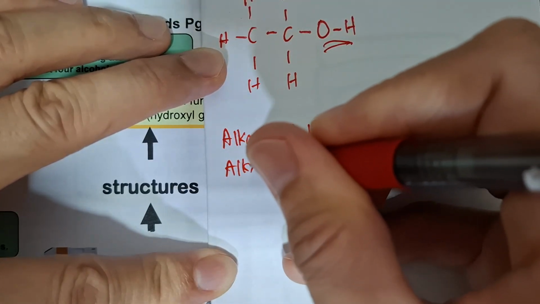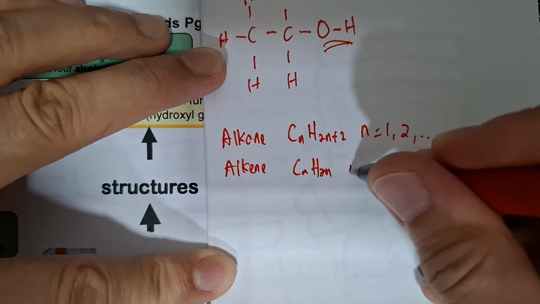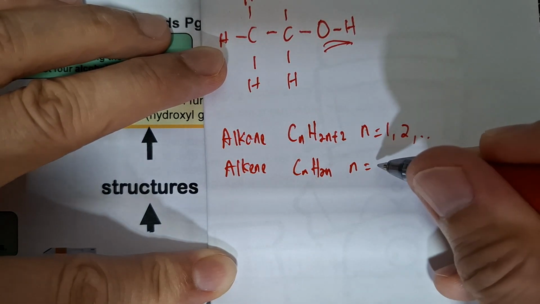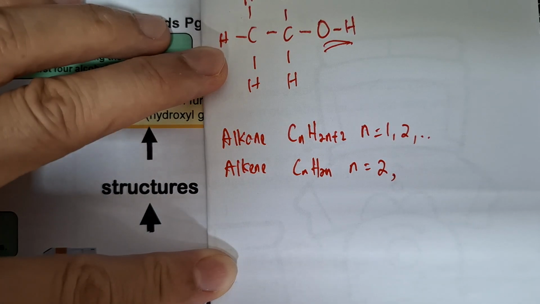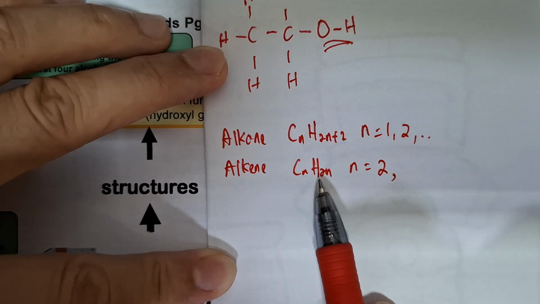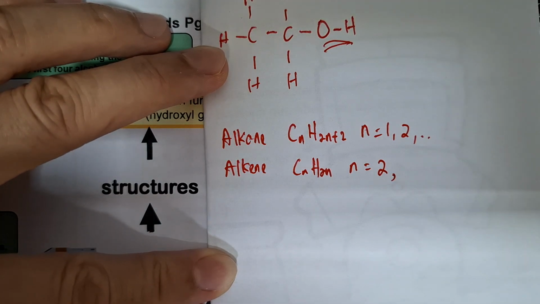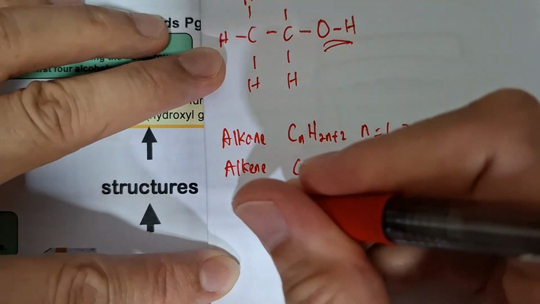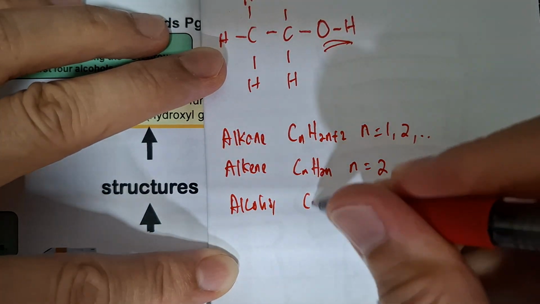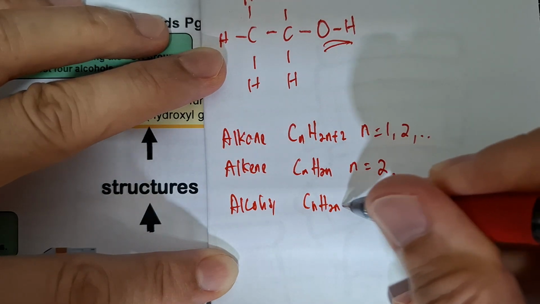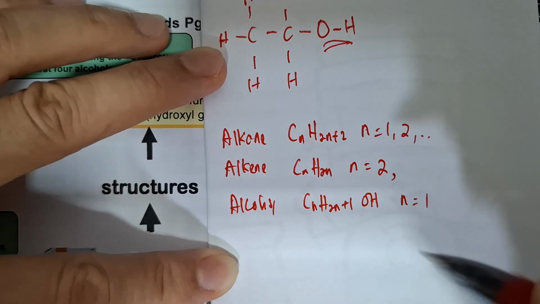For alkene, that will be CnH2n, and n doesn't start from 1, n starts from 2, because you need a minimum of 2 carbon atoms in order to have the carbon-carbon double bond. Alkene has a carbon-carbon double bond. And for alcohol, the general formula is CnH2n+1OH, and n starts from 1.